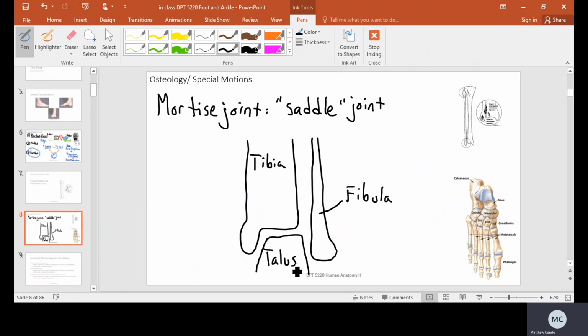The first thing we have to understand, like I said, is that the tibia is going to provide about 95% of the weight bearing.